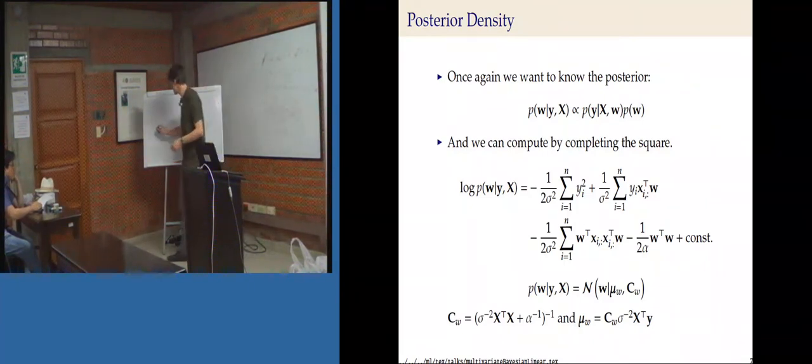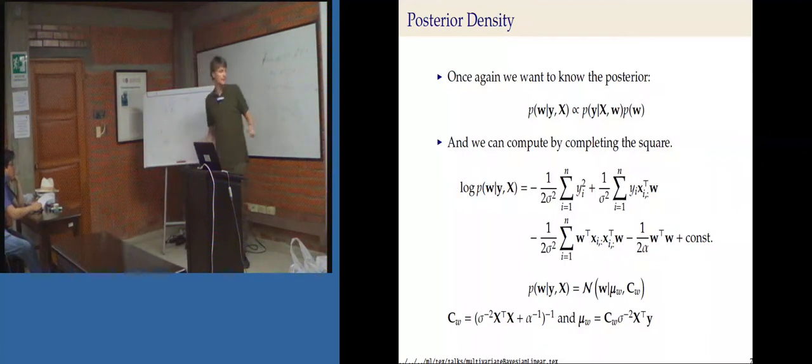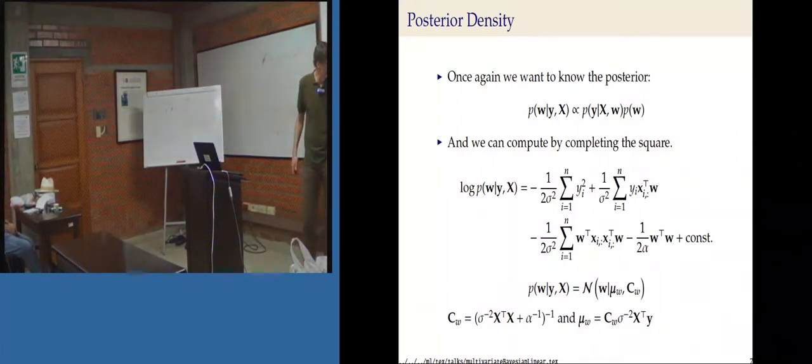So X transpose X is equal to the empirical covariance of the data times n, where n is the number of data points. Now, in this formula, n times S, as n goes to infinity, dominates, and alpha typically gets knocked out.